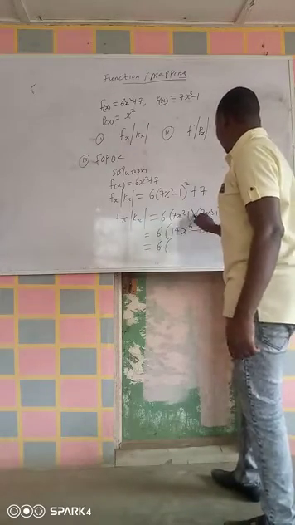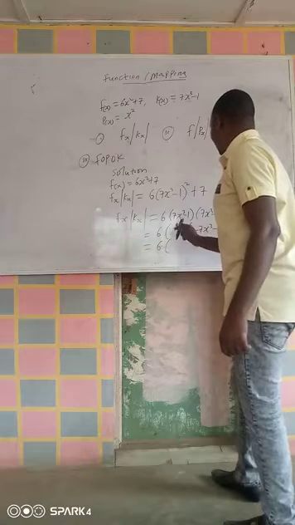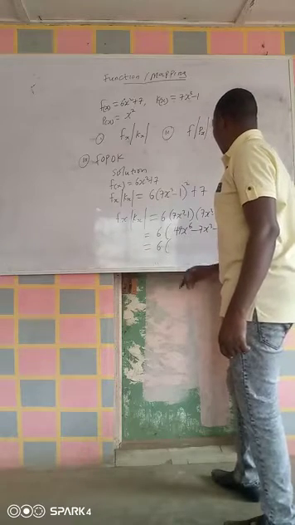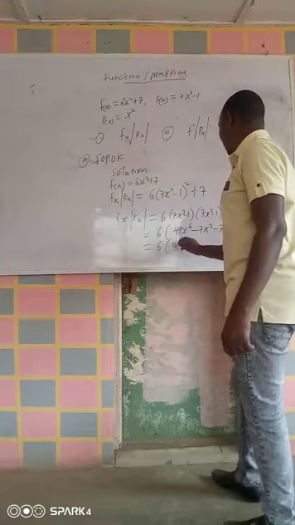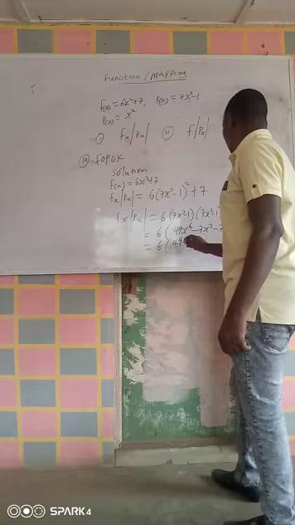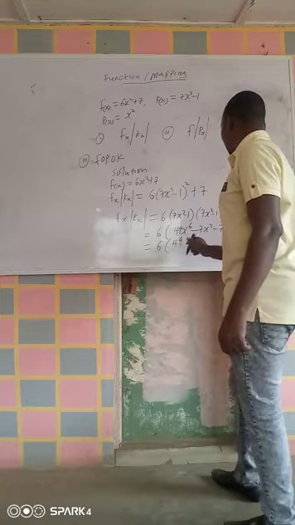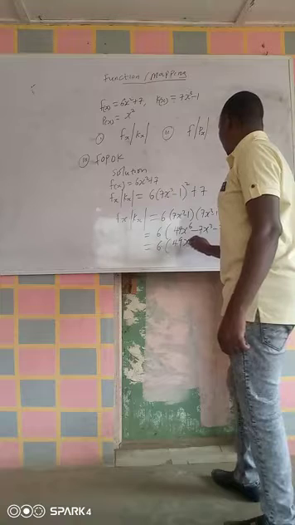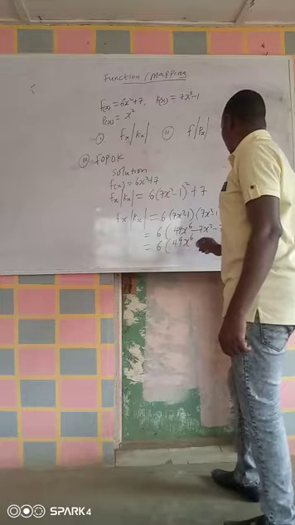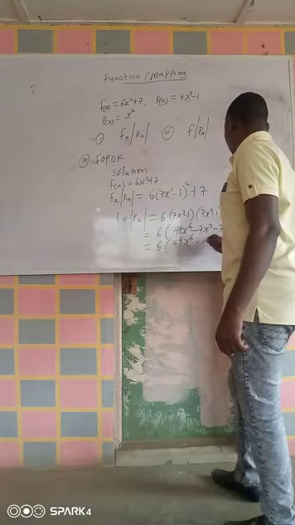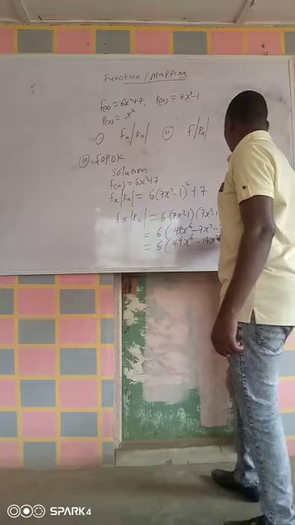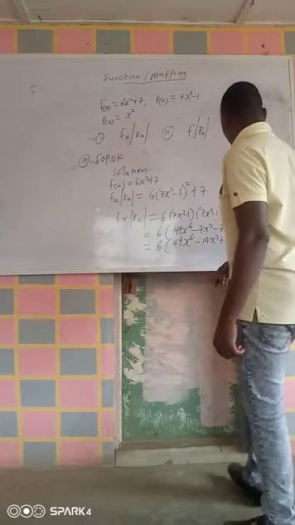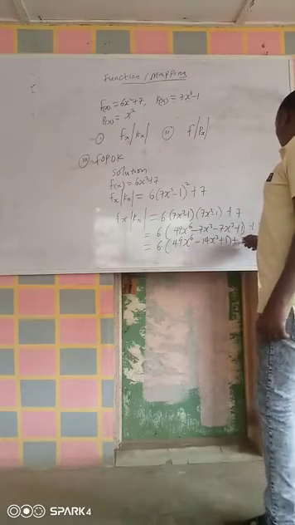Oh, sorry, this one is 49. Sorry, 49. So we have 49s raised to 6, then minus 14s plus 1, so we have plus 7.